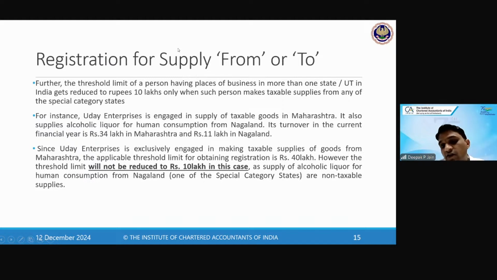Why is registration not required in Nagaland? Because he's not making a taxable supply. Had he made a taxable supply, then the threshold would get reduced in Nagaland and in Maharashtra. But in this case, since the threshold is not applicable in Nagaland because he's not making a taxable supply, in Maharashtra that limit will not get reduced.